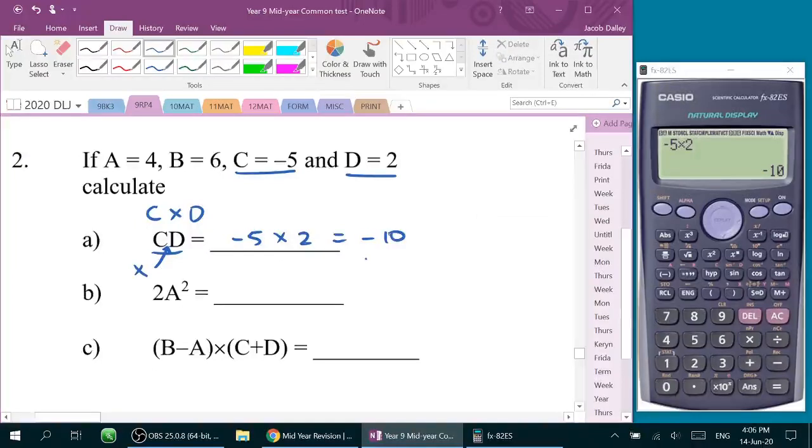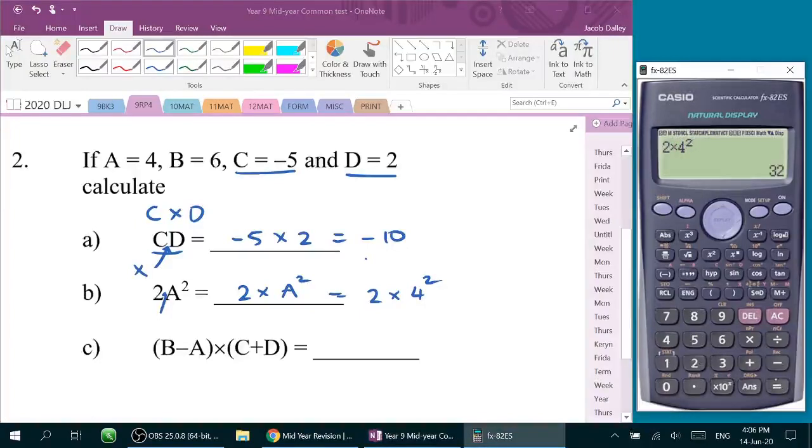You could have done that in your head, and you will if you have done enough questions. That's fine. So this one here, we have an invisible multiplication between the 2 and the a, so really this is 2 times a squared. a in this case is 4, so we have 2 times 4 squared. If we put that into our calculator, we get 2 times 4 squared equals 32.